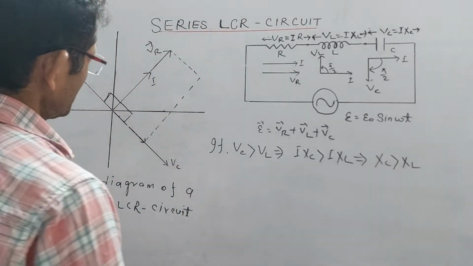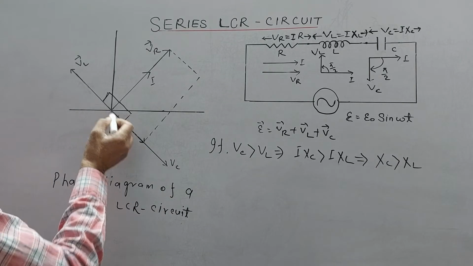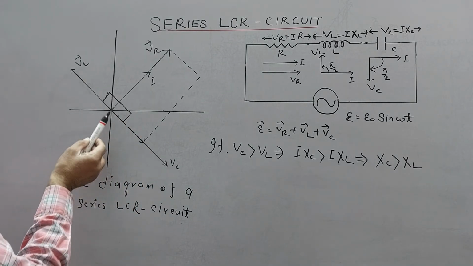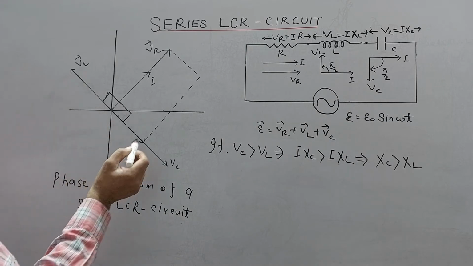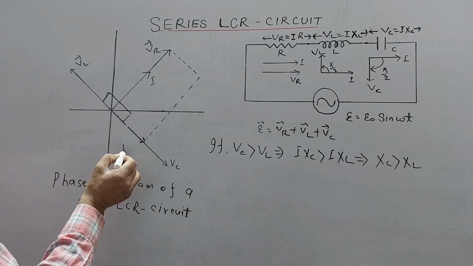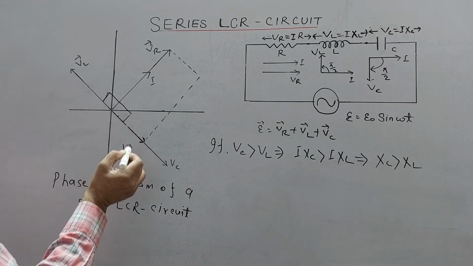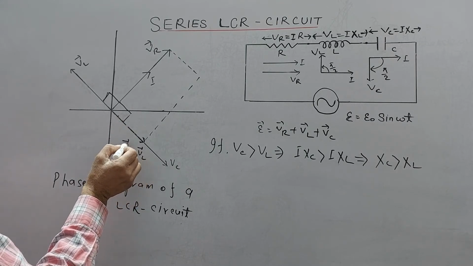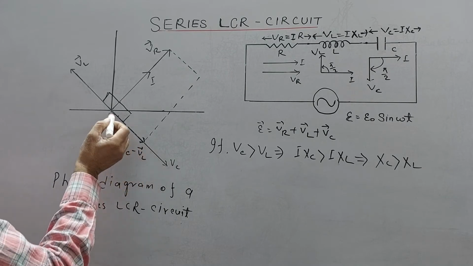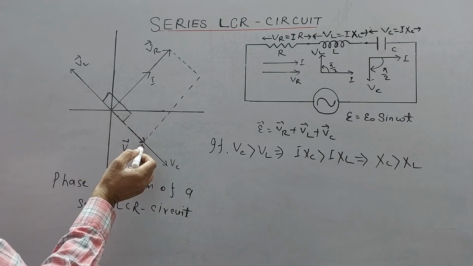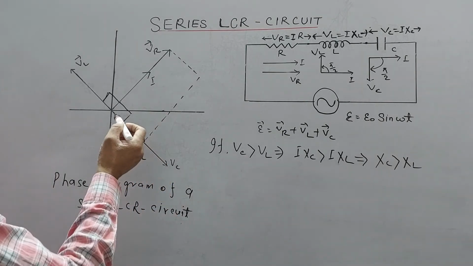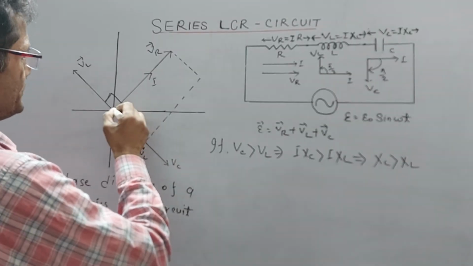So this is your VC, this is your VL, and VC minus VL has this magnitude, lesser than VC. The resultant of this vector and this vector, by the rule of parallelogram, will be along the diagonal. This is your diagonal.